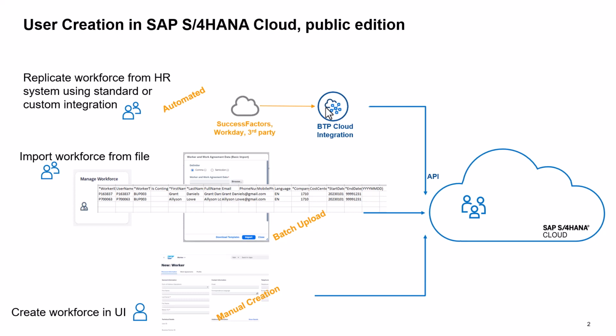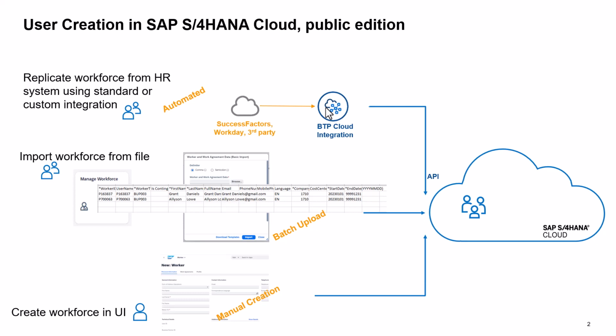So you can quickly deploy a prepackaged integration on the Business Technology Platform Cloud Integration and be up and running very quickly, replicating employees from a system like Workday or SuccessFactors into S/4HANA Cloud. You can also develop a custom replication using APIs on S/4HANA Cloud from an existing third-party HR system.